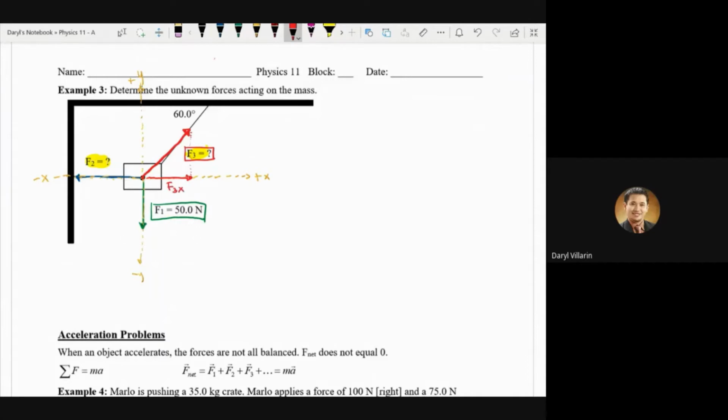I can also make the y component here, and another way of looking at it is what I think you did in your math.